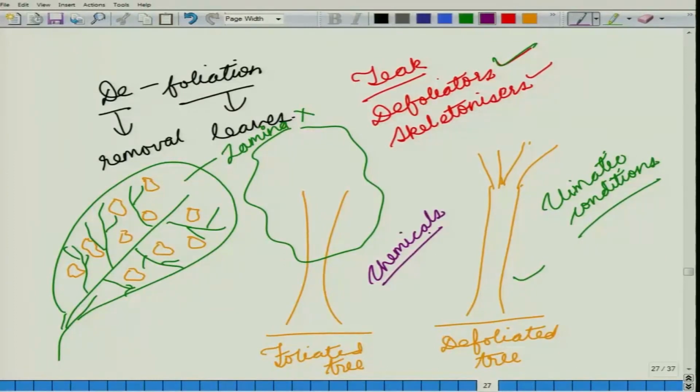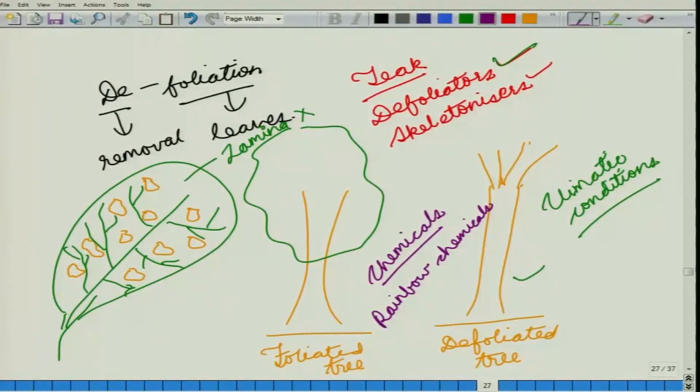So, there are some chemicals called defoliants. For instance, those chemicals that were very highly used during the Vietnam War went by the name of rainbow chemicals. They were used by the army on the forest, so that all the leaves got shed, and then people would be able to spot their enemies very easily.